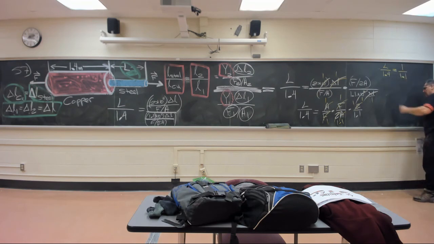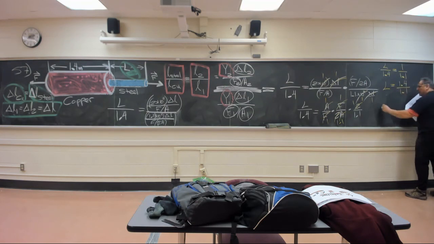The rest is pretty simple math, guys. Right. That's basically it. L is going to equal 1.4 divided by 1.1.